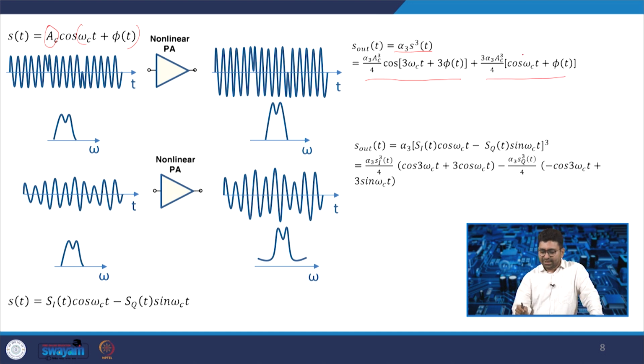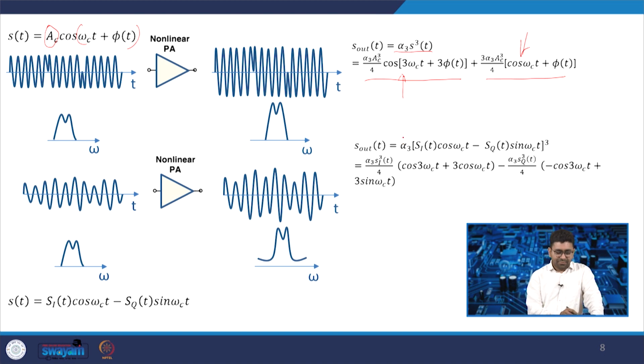We are interested only in this term, not in this term, because the variation happening due to the nonlinearity at 3 omega_c t is at a very high frequency, and that can easily be filtered out.